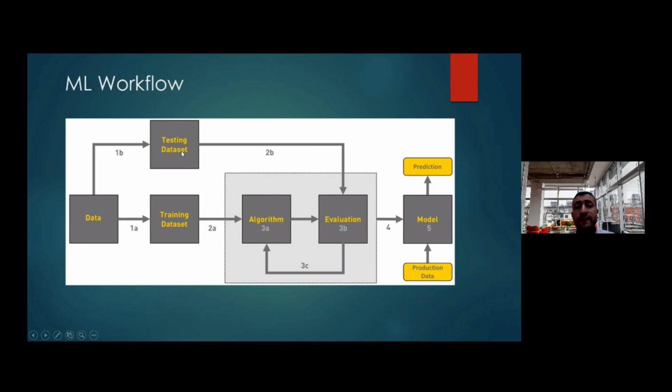We only expose the testing data, which is part of the raw data, while doing the validation and testing of the model, to make sure that this model can still generalize well for unseen data, which here is the testing data set. And finally, this model will be in production in the fifth box here.